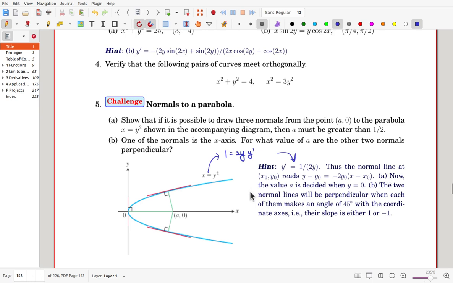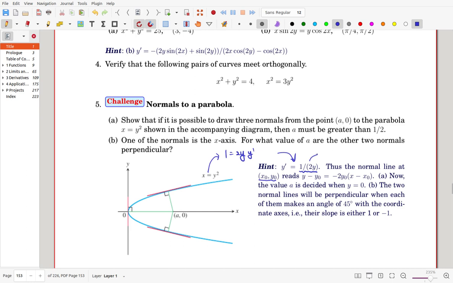So here, the normal line at x0, y0 will be y minus y0, and y prime is 1 over 2y, so if you replace y with y0, then that is the slope of the tangent line.